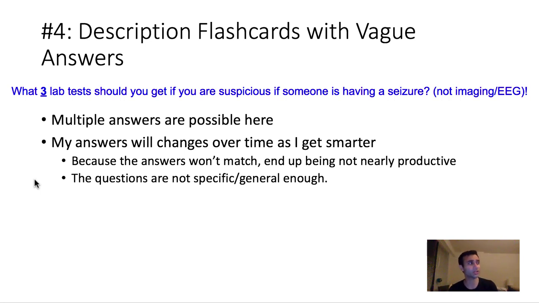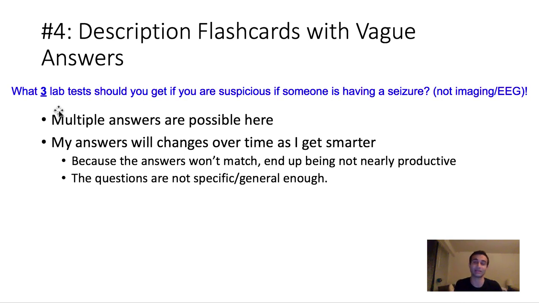And it might actually be informative to get an ESR or a CRP. Maybe they have an underlying autoimmune condition, maybe lupus or something that's causing this. Oh, they have a past medical history of a DVT. So if they had a seizure, maybe they actually had a syncopal attack, and maybe this wasn't a seizure, so maybe we should get a D-dimer. So I got smarter over time, and I realized that when I saw this flashcard, the answer wasn't always CBC, CMP, and magnesium. You might actually want to get a lactate.